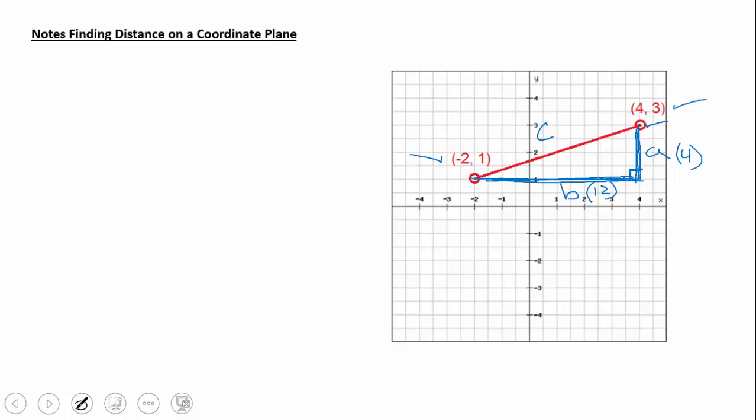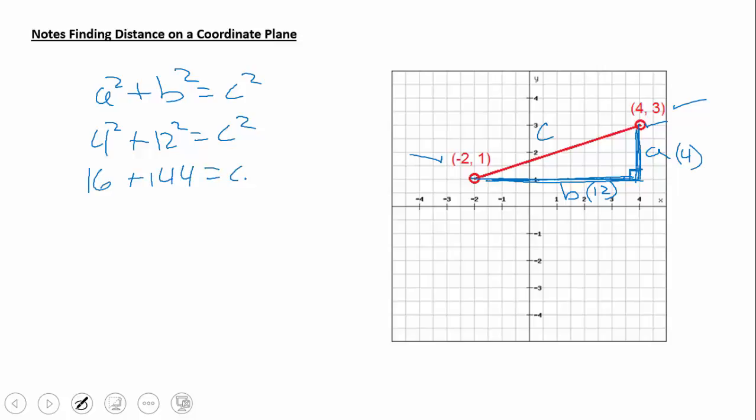So now I have those 2 lengths, and I can use my a squared plus b squared equals c squared to find the distance between those by putting in 4 squared plus 12 squared equals c squared, 16 plus 144 equals c squared, 160 equals c squared, and then I would take the square root of 160, and ladies and gentlemen, I'm going to talk to you about it now, because there are some of you who have recognized that every once in a while your calculator would pop up what we call a simplified radical, because we recognize 160 is not a perfect square.